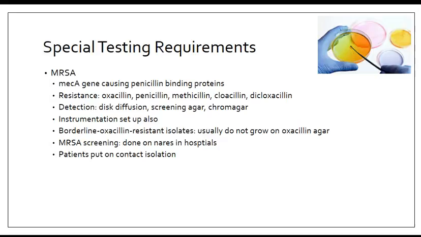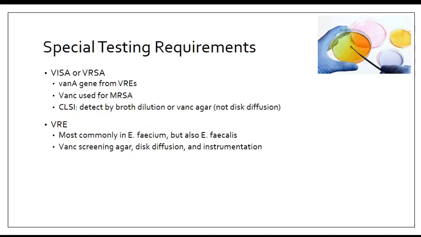Some hospitals only do this for ICU patients or surgery patients. Some hospitals do it on any inpatient. If a patient has MRSA in their nares or they grow it from a culture, they're put on contact isolation, which means the visitors are supposed to be limited, and you're supposed to wear gloves and a gown when you go in. A respiratory mask does not have to be used.